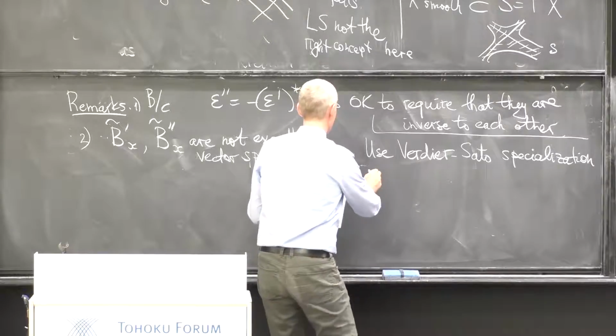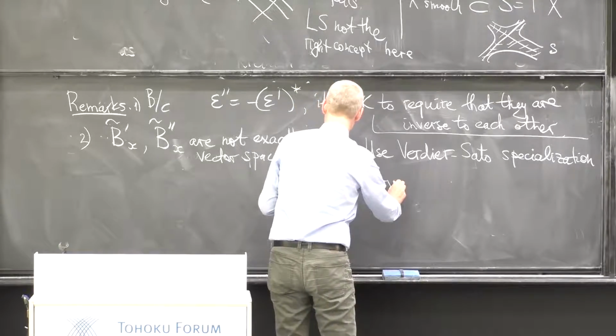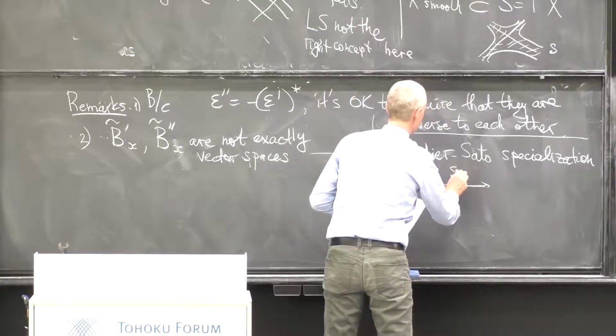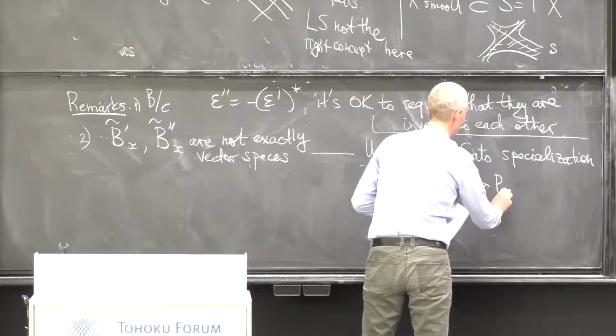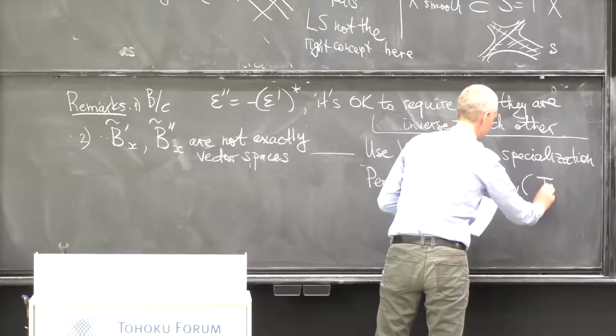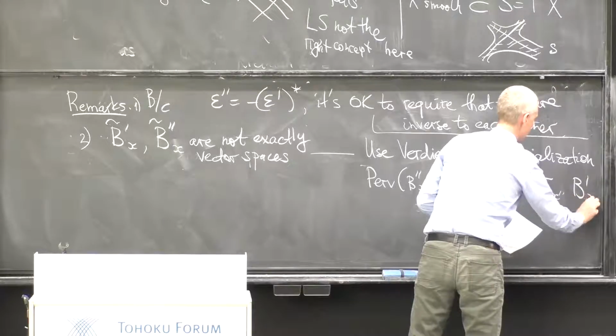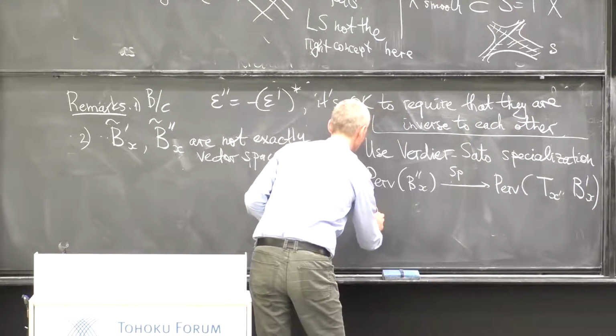So that would mean that we have, say, from the category of perverse sheaves of the second text, specialization. Perverse sheaves on the tangent space, on the one-dimensional tangent space. Here.